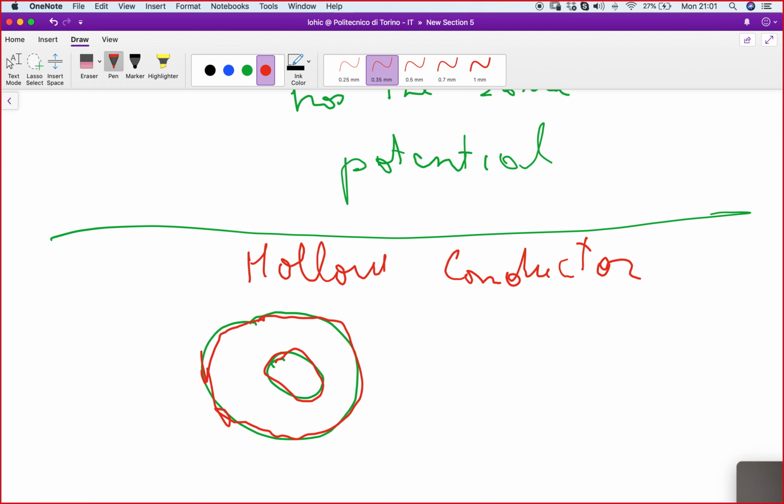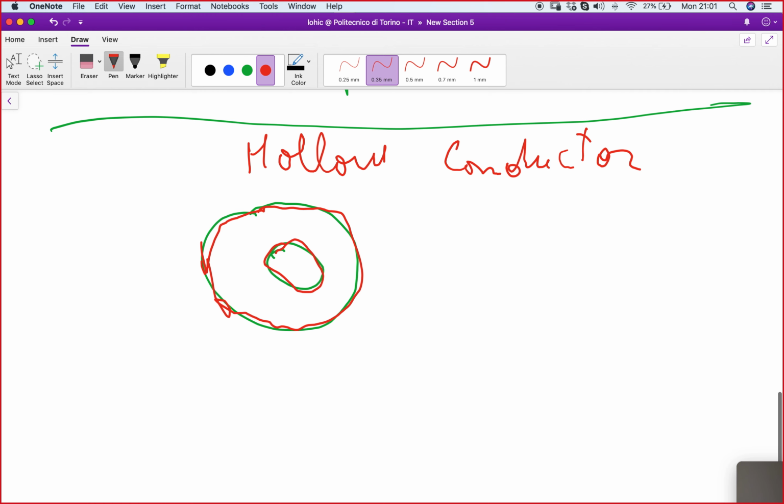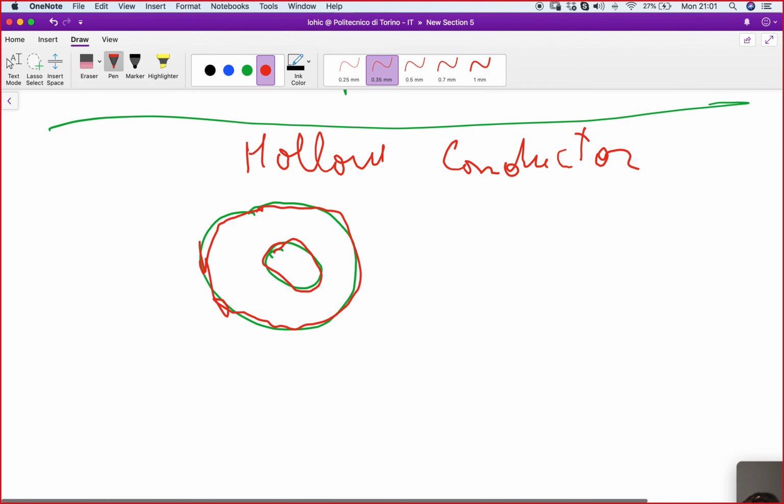No, 2D. It's like a ring, kind of ring. So if I have a conductor like this one, the surface of this conductor is made by how many circles? 2 circles, right? This is the center.